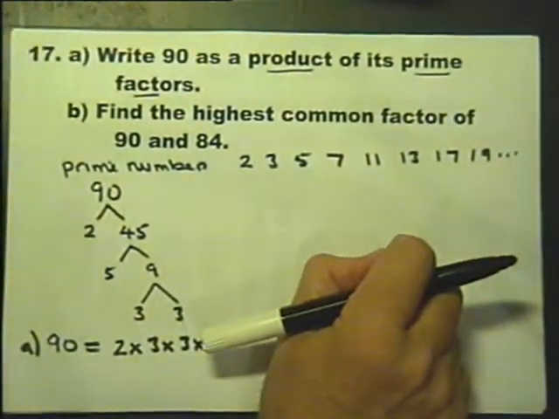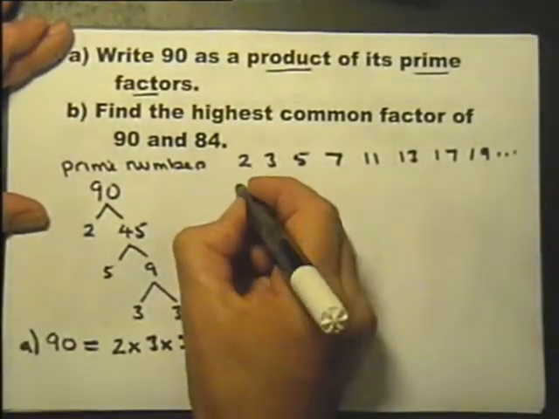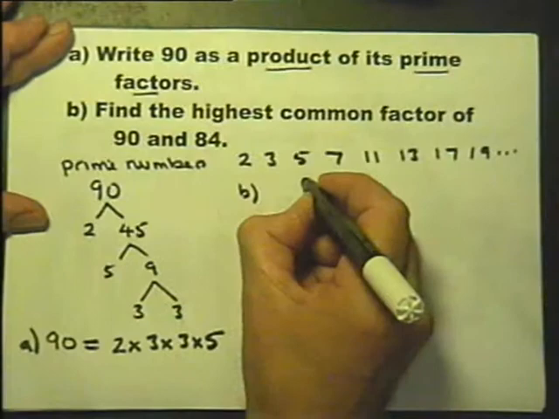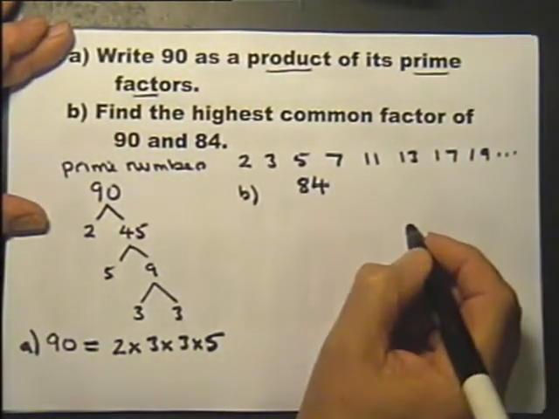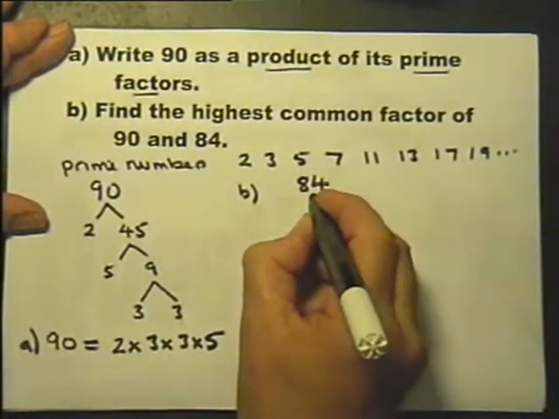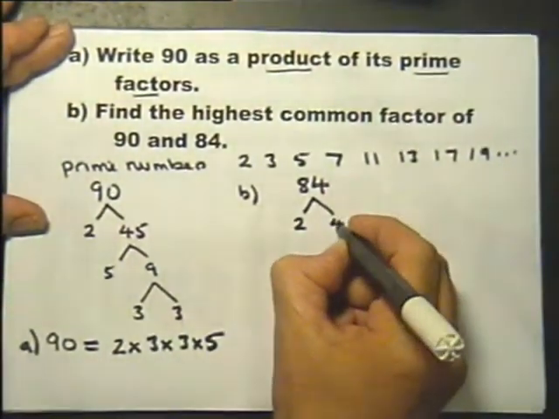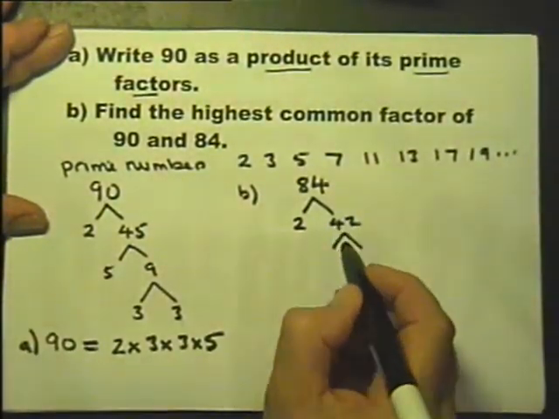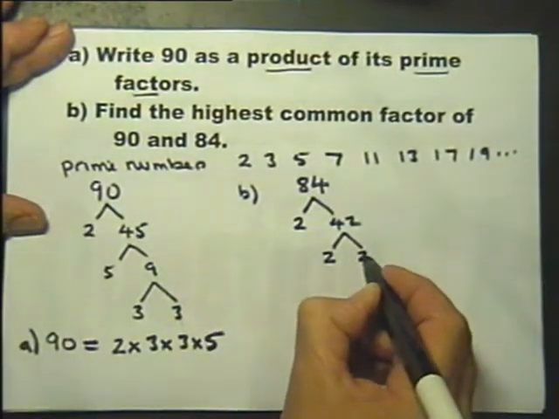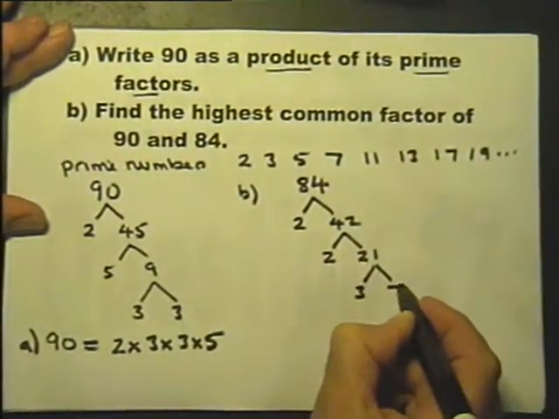Part B, find the highest common factor of 90 and 84. So to do part B, I'm now going to do a factor tree with 84 to find the product of the prime factors of 84. It's definitely an even number, so 2 goes into it, it's in fact 2 42s. 2 goes into that, that's 2 21s. 3 7s are 21.